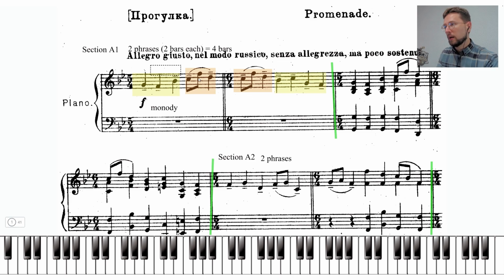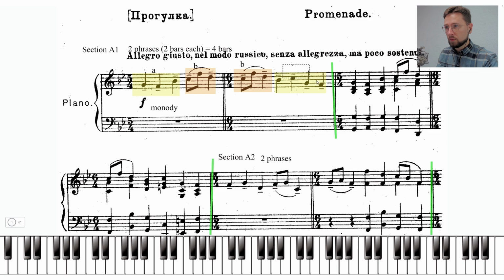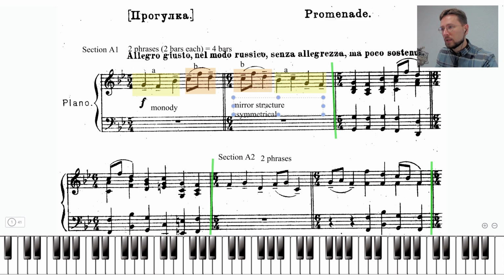So inside we have this sort of ABB, BA pattern, which is quite symmetrical, but at the same time it's not a perfect symmetry. So there is this idea of the mirror structure, but asymmetrical. And what we have is a motif.